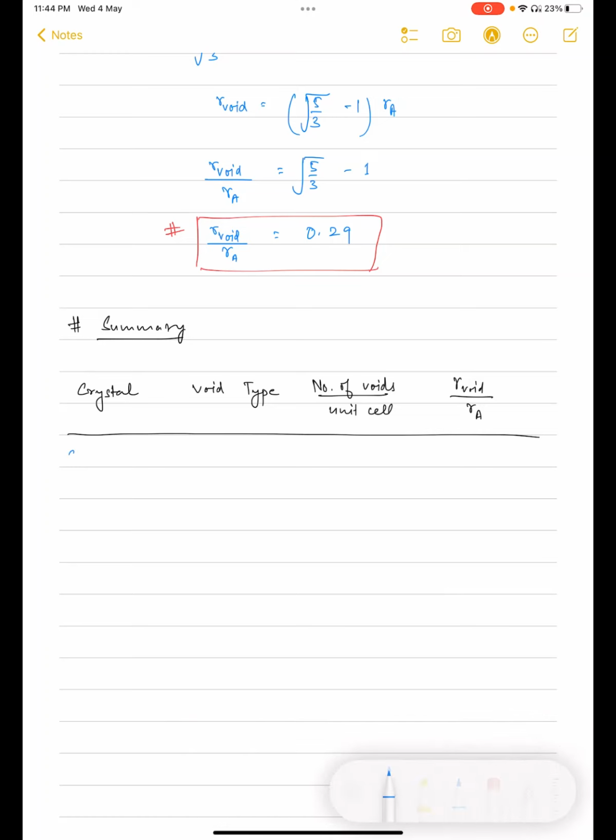So for simple cubic first, we had seen a cubic void where there was only one void per unit cell and the ratio was 0.52.